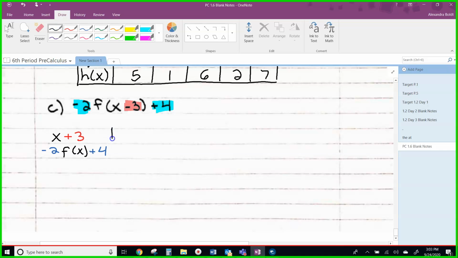Now, I don't care about putting the x minus 3 as part of this. I already have that taken care of in the top. So I don't need to put anything with the x minus 3 here. That's just your f of x. This x minus 3 is part of our x value, not changing our y value.